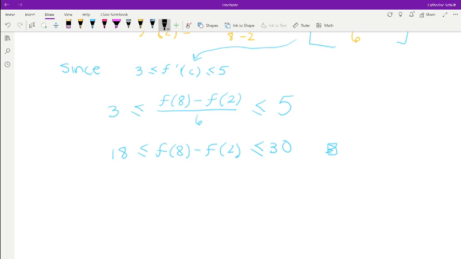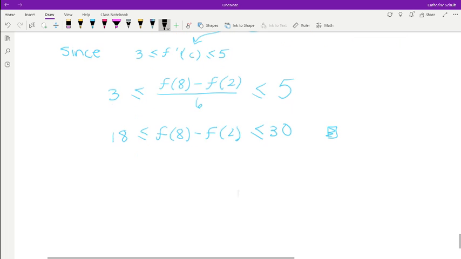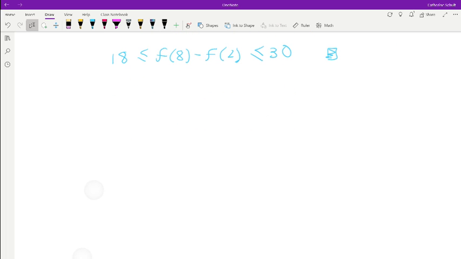So let's move along. We're going to look at a couple little theorems, and then we're going to use these little theorems to prove little statements. So here's our first theorem.